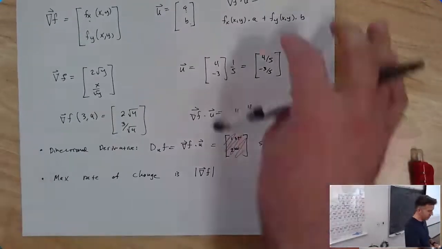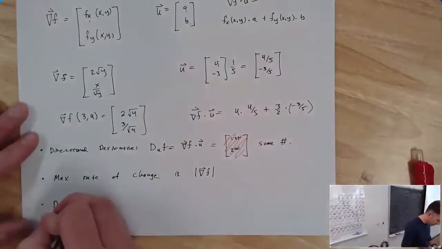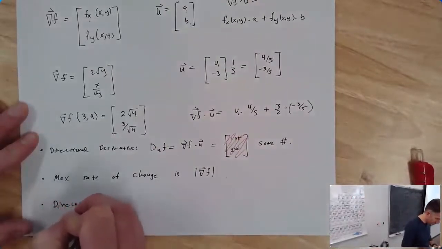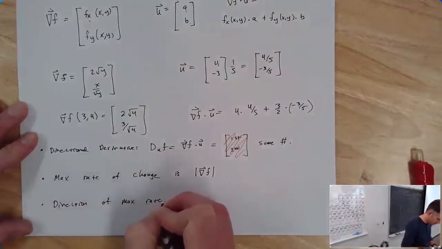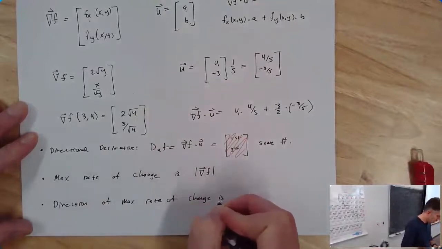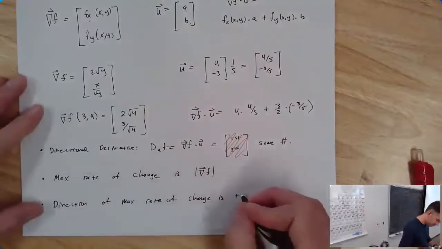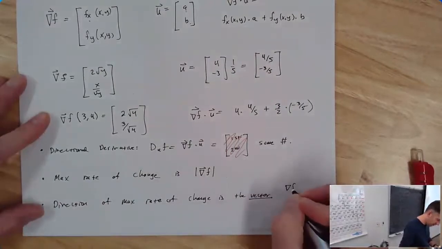And then the thing that sounds kind of the same, but is a little bit different, is the direction of the maximum rate of change. That is going to be the vector gradient of f divided by its own magnitude.